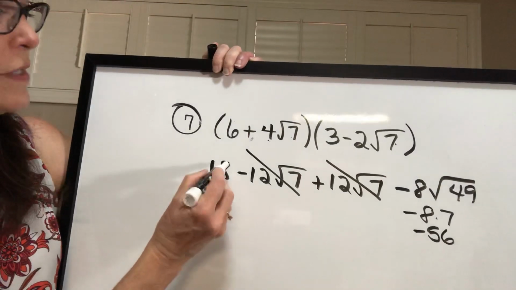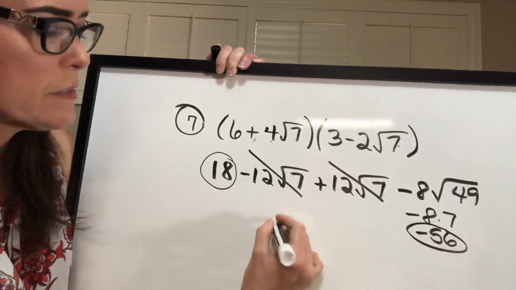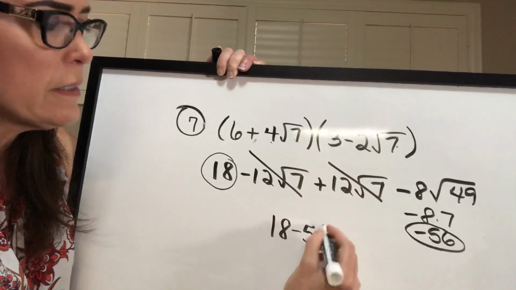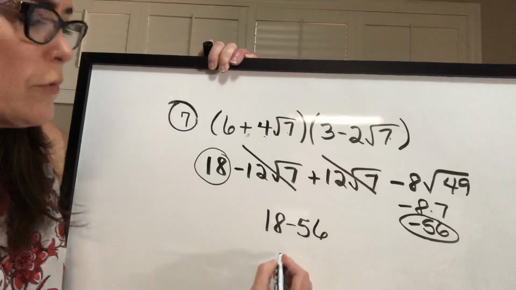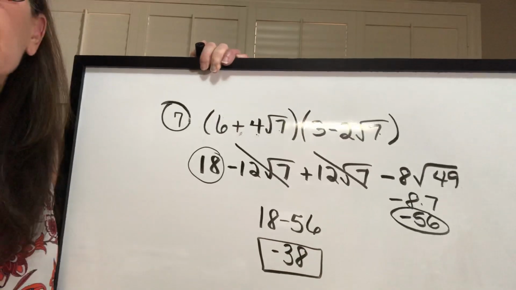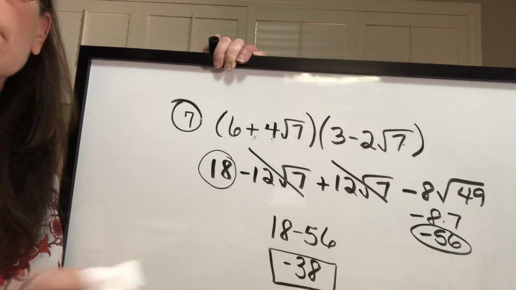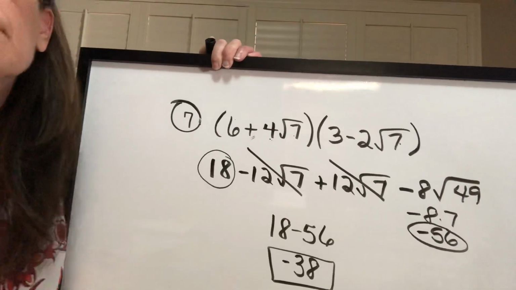So what you have left at the beginning is the 18, and at the end is negative 56. So you would figure out what 18 minus 56 is, and that would be your answer. So if you work that out, it would be negative 38. Remember, always pause and restart if you need to catch up.